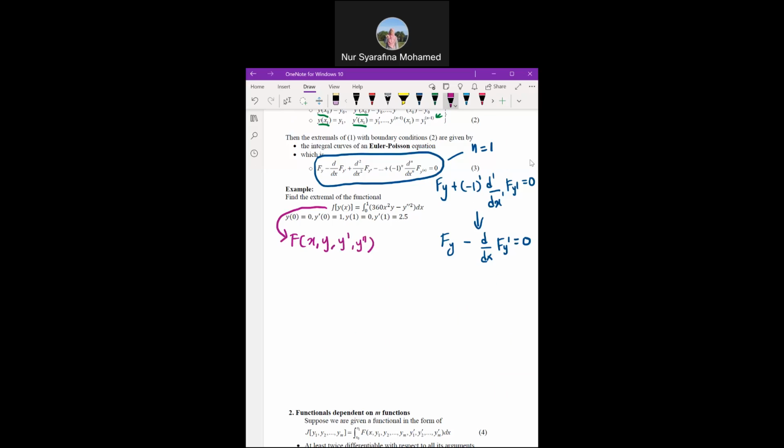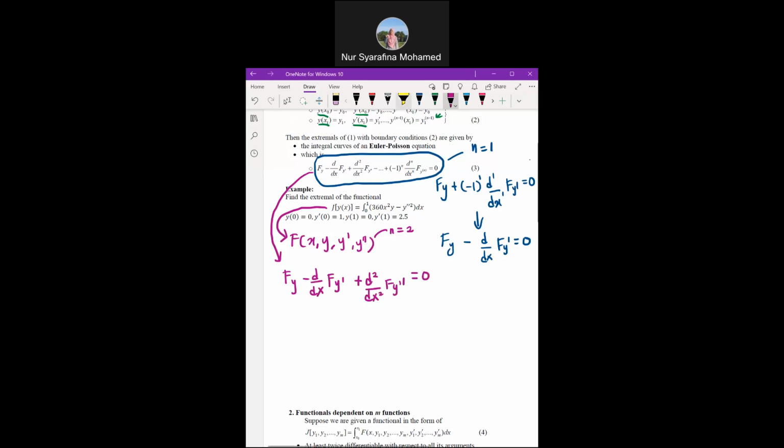Even though it has no y prime, it is still the order, right? So for this case, we can use the Euler-Poisson equation up to n equals 2, where your Euler-Poisson equation becomes Fy minus d/dx of Fy prime plus d squared/dx squared of Fy double prime equals 0.